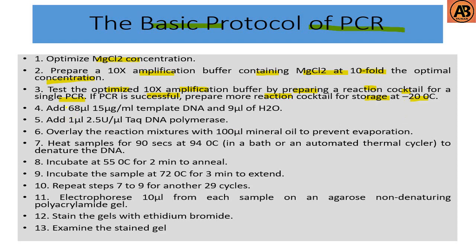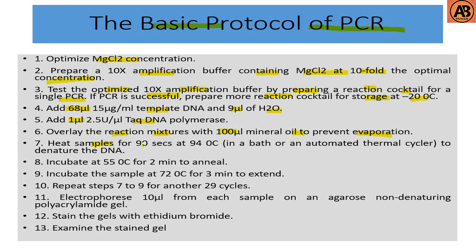Then add 68 microliter, 15 microgram per milliliter template DNA and 9 microliter of H2O. Then add 1 microliter, 2.5 units Taq DNA polymerase. Overlay the reaction mixture with 100 microliter mineral oil to prevent evaporation.